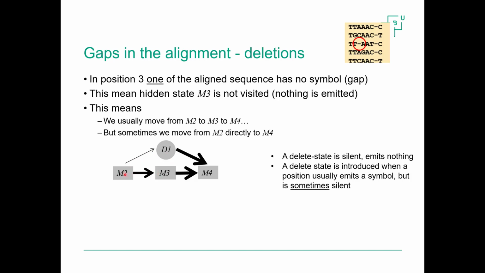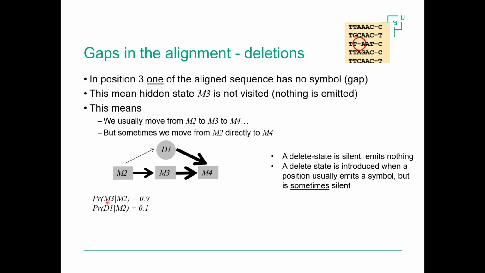So when you are here, you now have two ways of going out of this box, right? The most probable path is here, but there is also a possible, however unlikely way of going, which is here. Because only one out of many sequences did this, right? So this is the idea of the delete states. You can go around a match state.